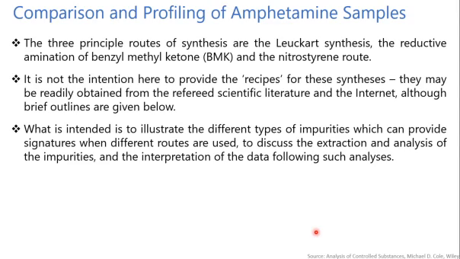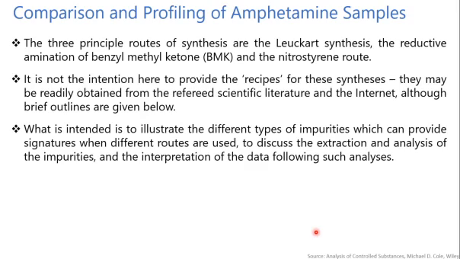The three principal routes employed for the synthesis are the Leuckart synthesis, the reductive amination of benzyl methyl ketone, and the nitrostyrene route. It is not the intention here to provide recipes or procedures for the synthesis. They may readily be obtained from the scientific literature and on the internet, although brief outlines are given below.